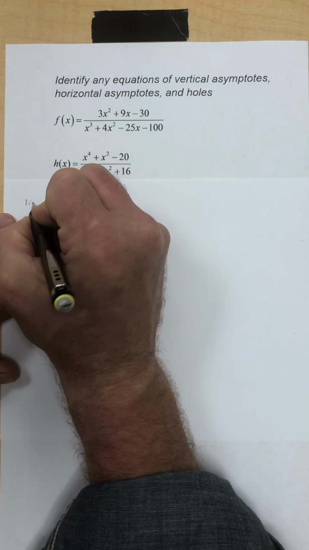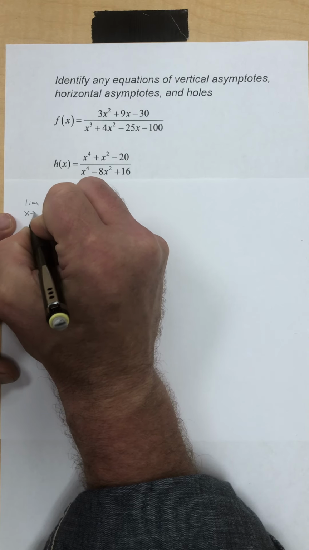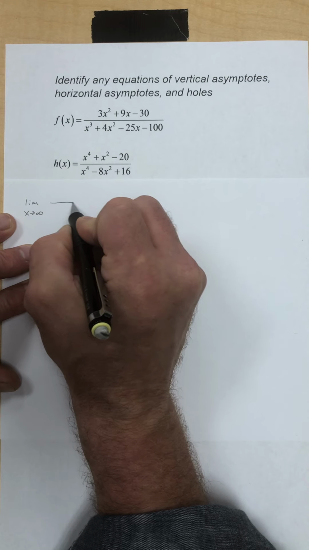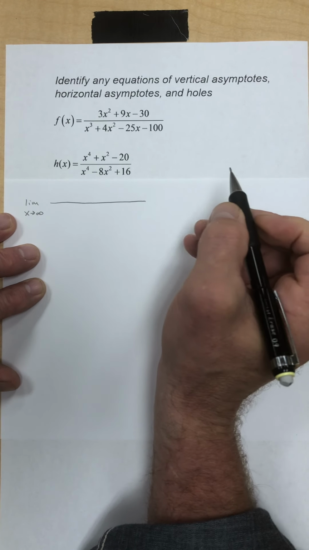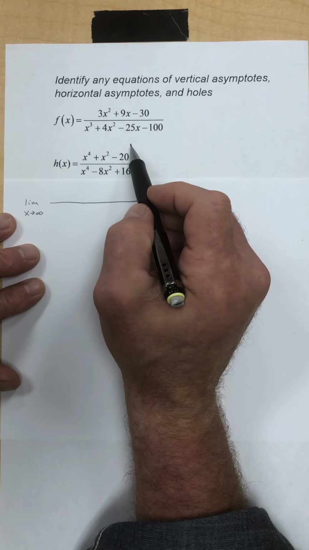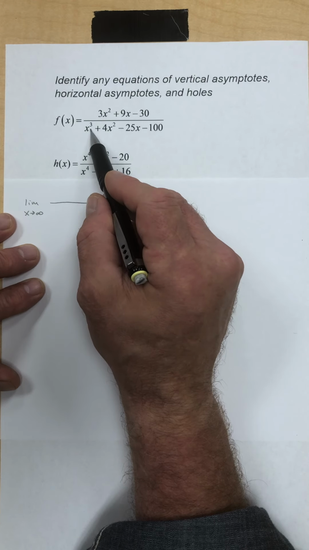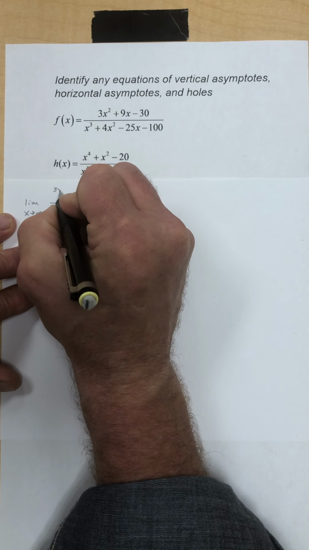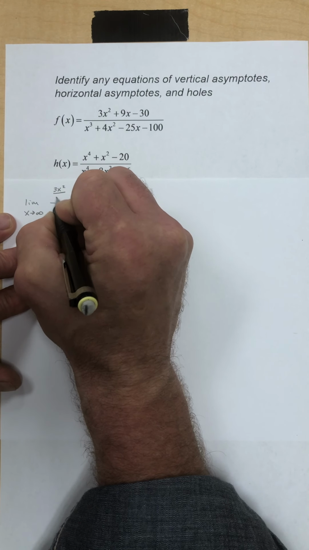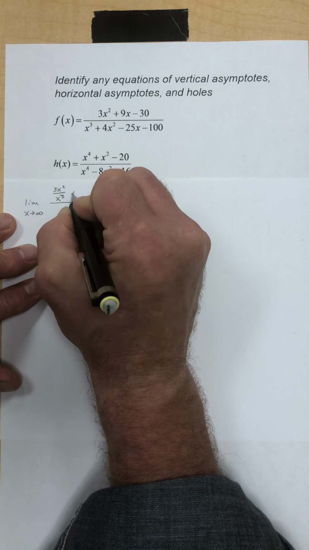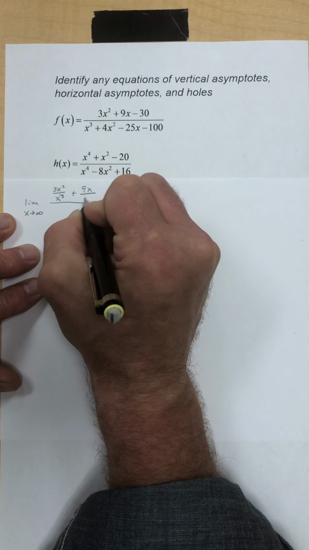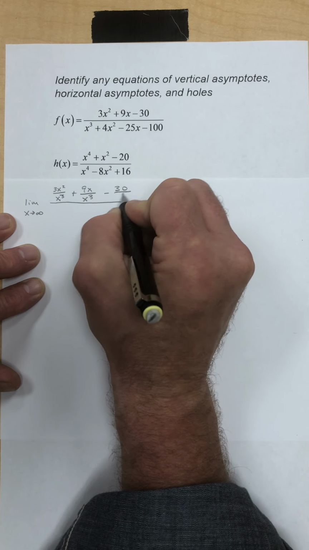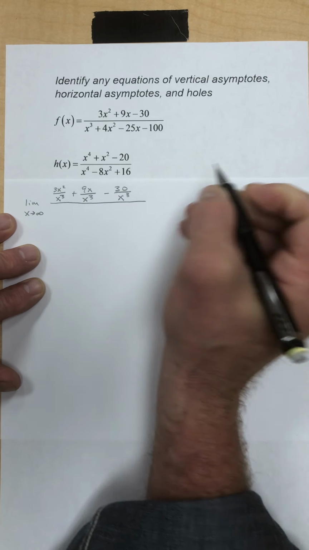So we take the limit as x goes to infinity of that top one, and we say, okay, well, the largest degree is 3, so I can divide everything by x cubed. So I have 3x squared divided by x cubed plus 9x over x cubed minus 30 over x cubed.